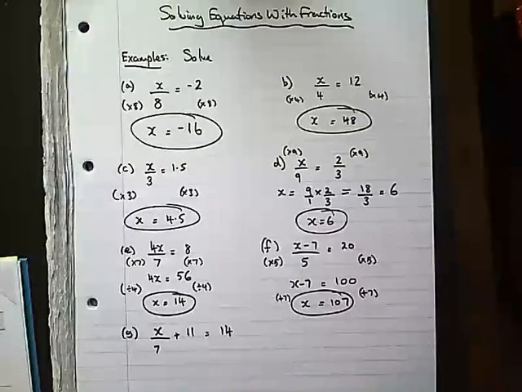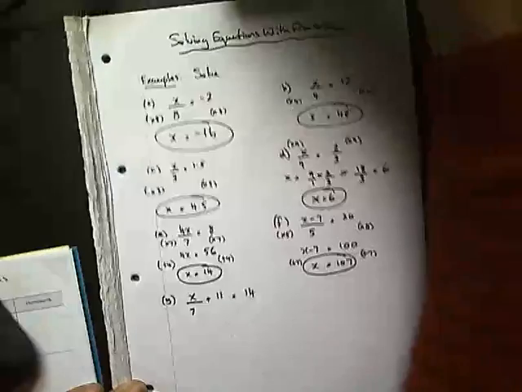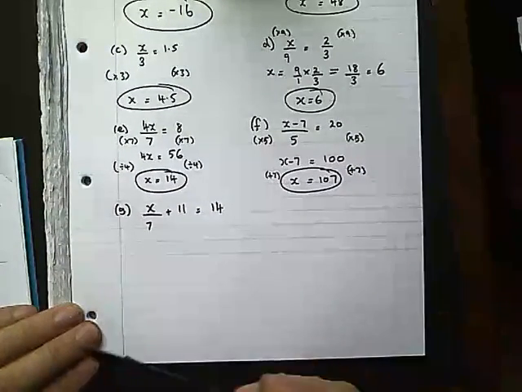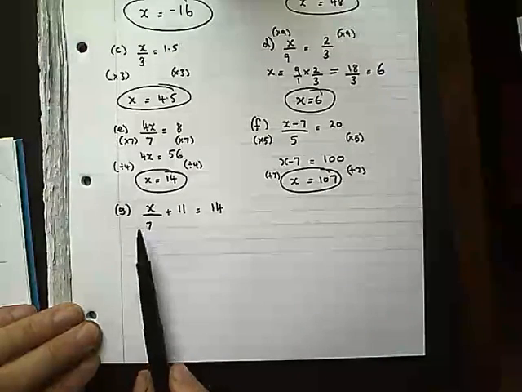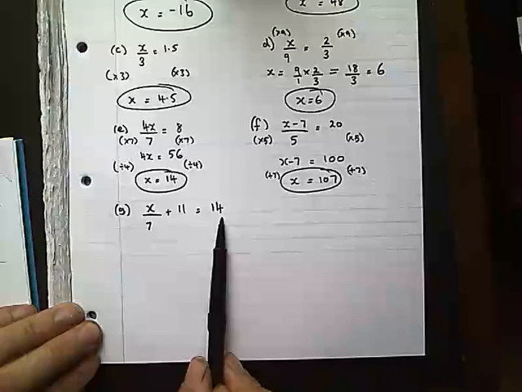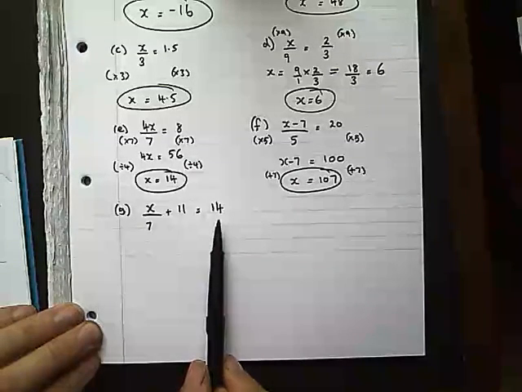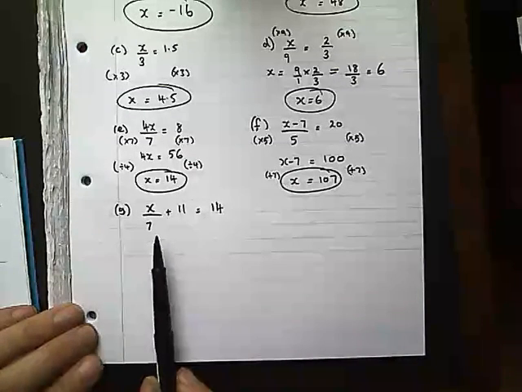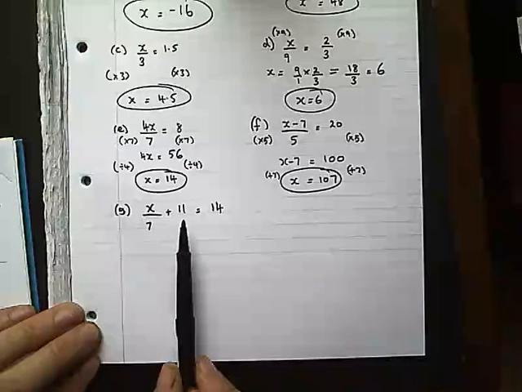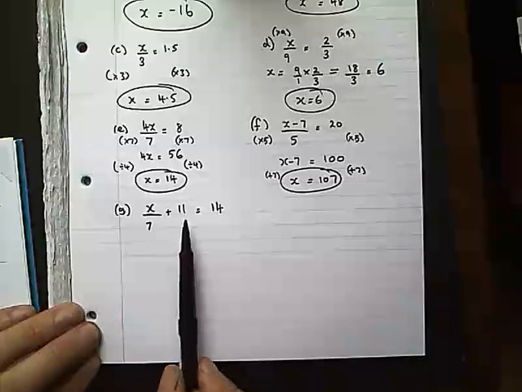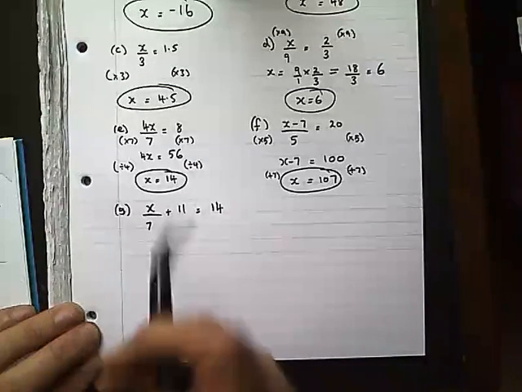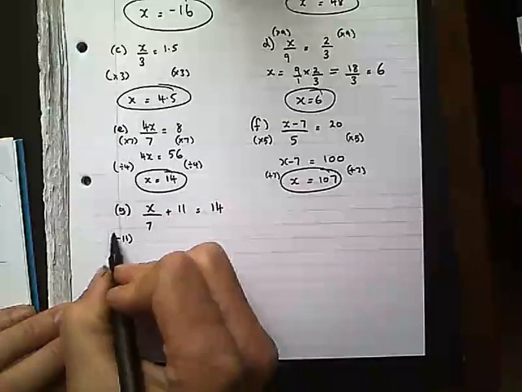Right, last example for you, and then maybe you can have a go at a few of these questions on your own. So I've got x divided by 7, then I'm plussing 11 equals 14. So let's just go through the steps that I do on the left-hand side. First of all, I divide by 7, then I add 11. Okay, so I need to work in reverse. The last thing I did was add 11. So I'm going to subtract 11 first from both sides.